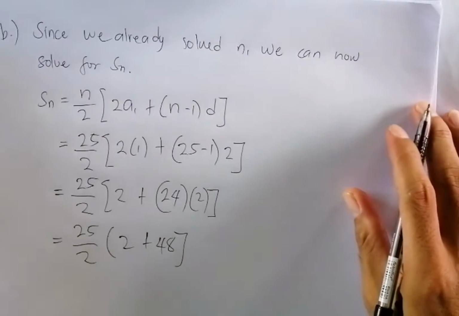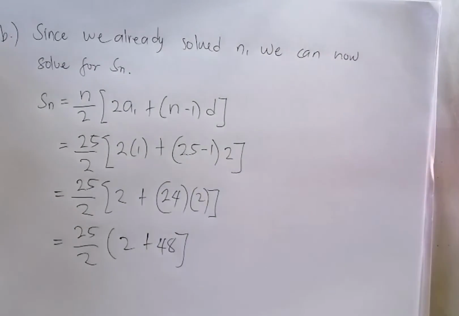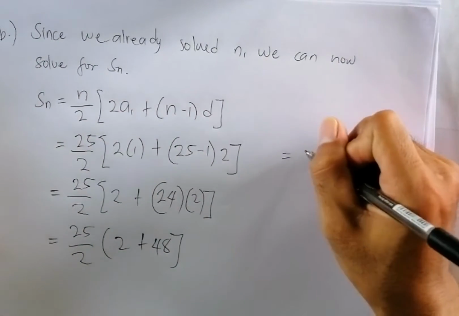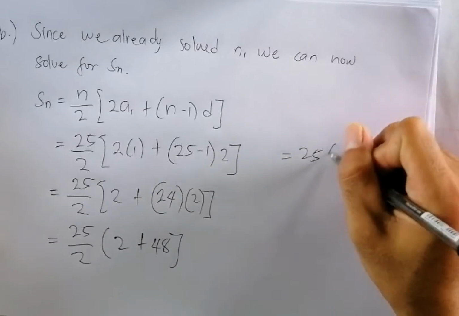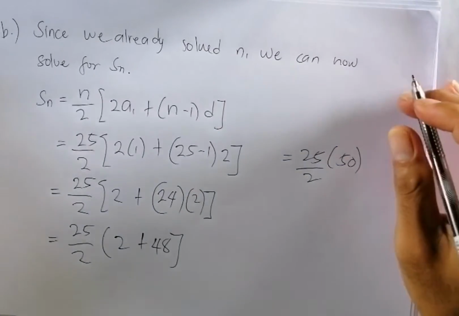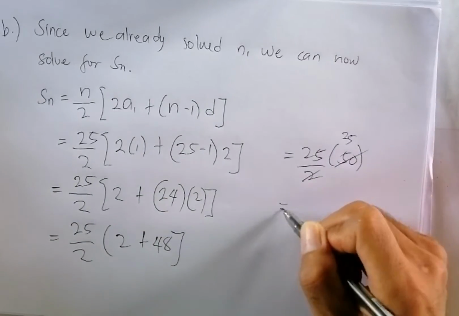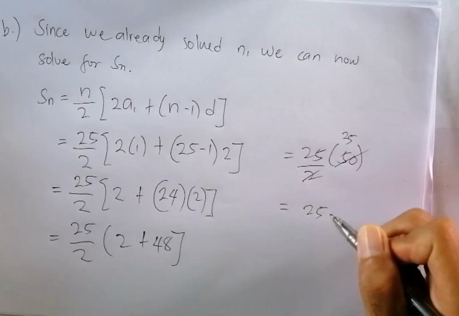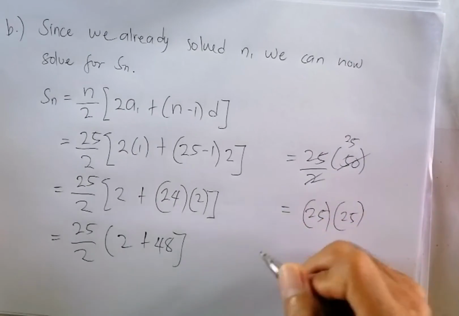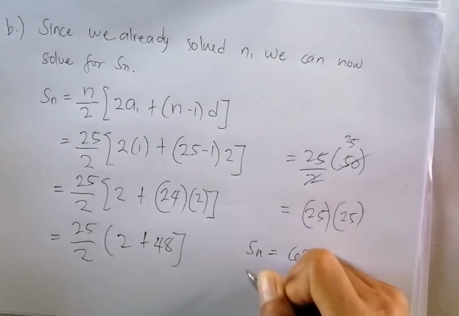Then add 2 plus 48. 25 times 50. So that is equal to 25. So we have 25 times 25. So S sub n is equal to 625.